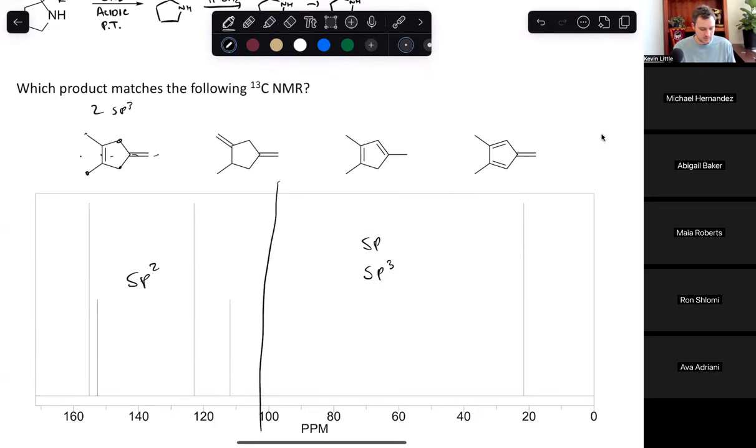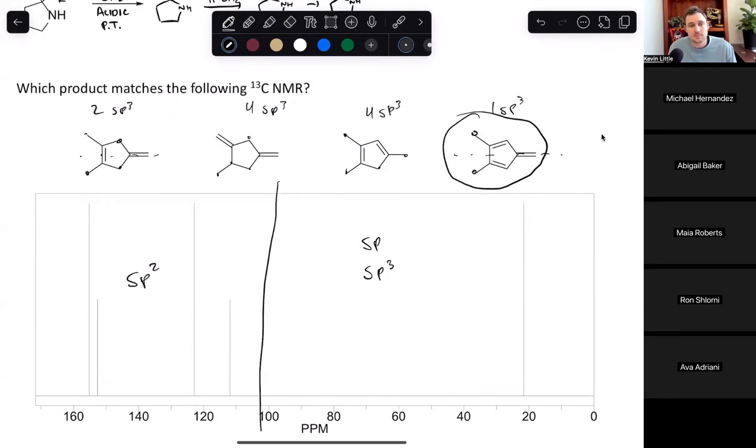There's no symmetry in this next molecule. So 1, 2, 3, 4 sp3s. Can't be that molecule. Again, there's no symmetry here. 1, 2, 3, 4 sp3s. So it can't be any of those. This one has symmetry through it, so there's only one sp3. It has to be this molecule, without even looking at the sp2s.